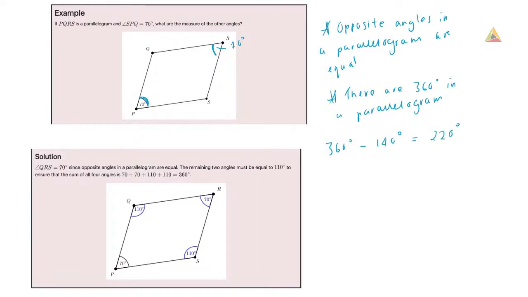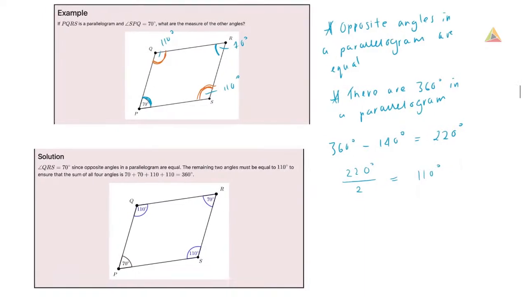So that means that there's 220 degrees left for this angle and this angle. Now because they're opposite angles, they must be equal to each other. So this angle here is equal to this angle here. So if they're the same, it must be 220 degrees divided by 2. And that gives us 110 degrees. So that means that this angle here is 110 and this angle here is also 110. And that's all the angles measured. And you can see there in the solution that those are the answers.